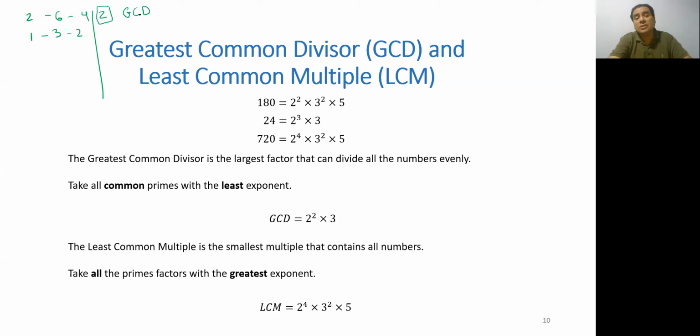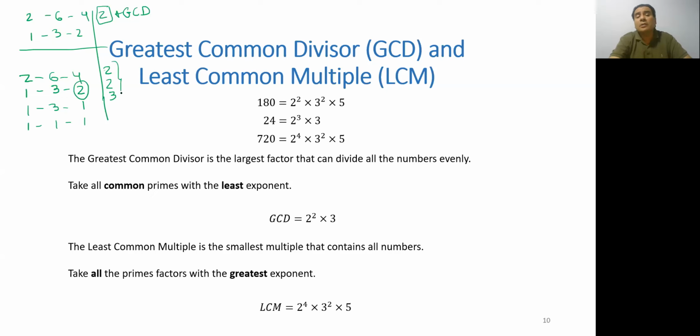This is the GCD. What about the least common multiple? I can do it also in that way, but this is different now. First, I divide by 2 all the times possible. Divide by 2, divide by 2, by 2. Can I divide by 2 again? Yes, this one. So I divide by 2, this remains the same. Divide by 2, get 1. I cannot divide by 2 anymore with an integer result. So now I start dividing by 3. 3 divided by 3 is 1, 1.